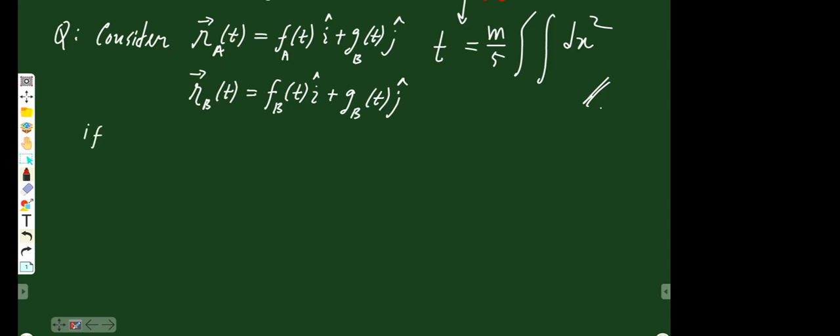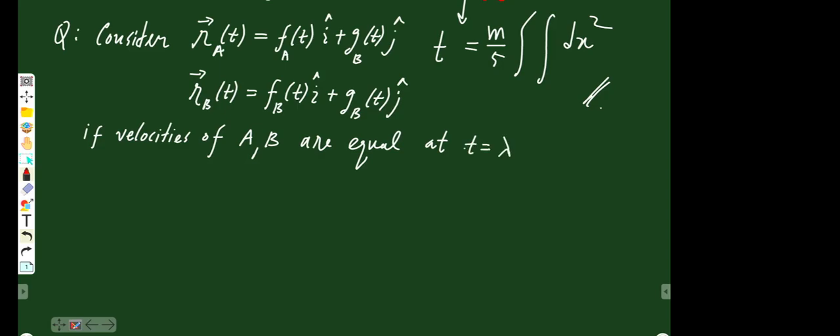If velocities of a, b are equal at t is equal to lambda, then what? So this is what we are going to discuss.